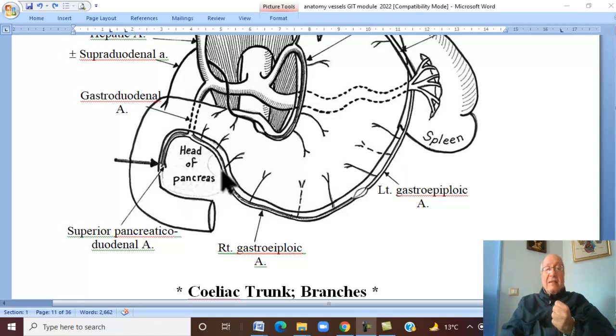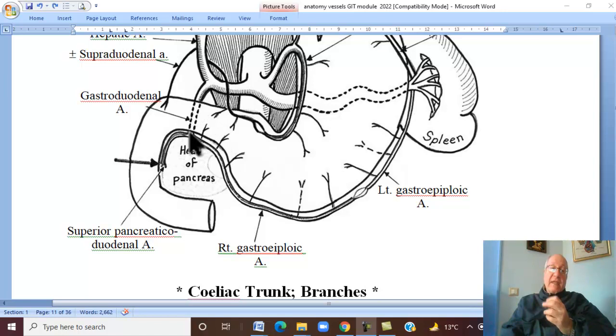Therefore, it is called right gastroepiploic. The left gastroepiploic is from the splenic, and the right gastroepiploic from hepatic, from gastroduodenal. Passing on the greater curvature, it passes between the anterior two layers of the greater omentum.